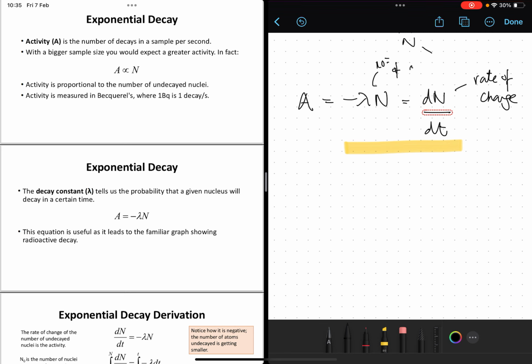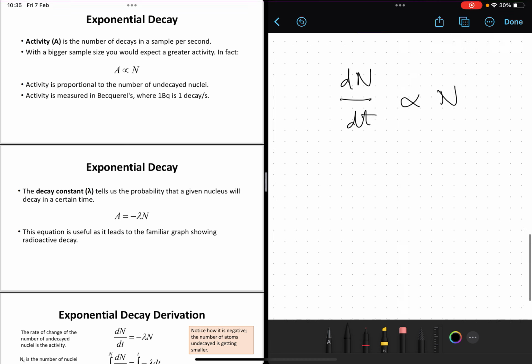Okay, so the rate at which that is changing is all dependent on the number of undecayed nuclei. So we could say that dN by dt is proportional to N. Whenever we've seen this before, it's always led to exponential change, hasn't it?